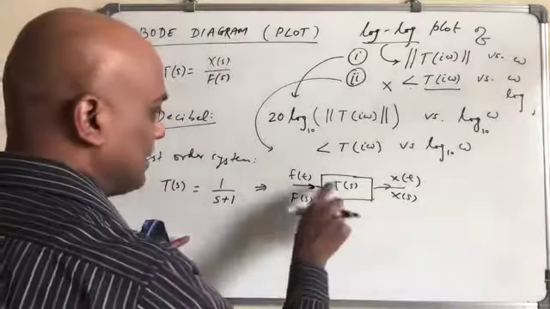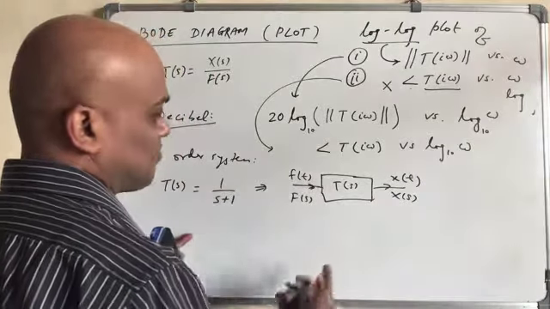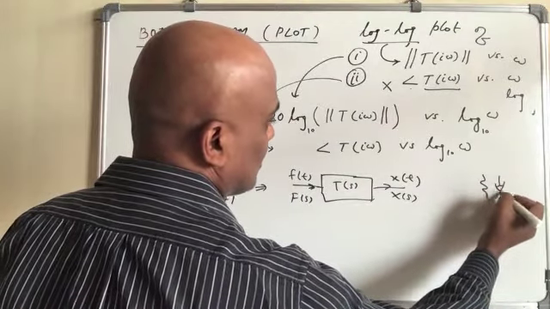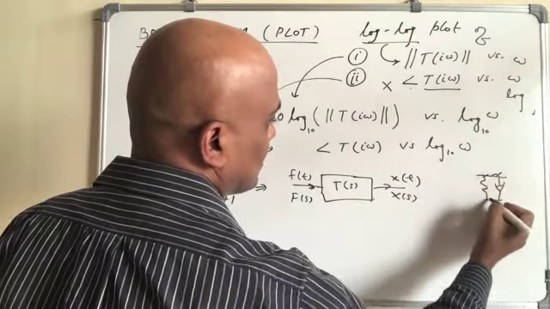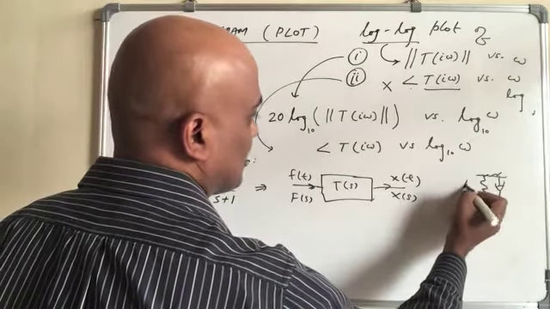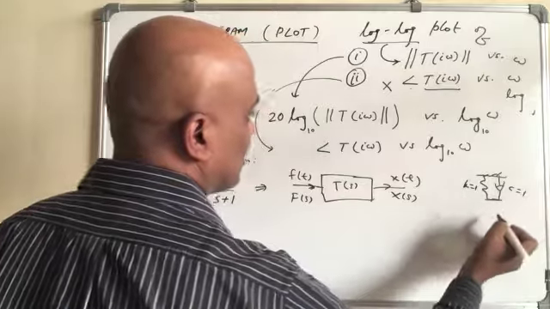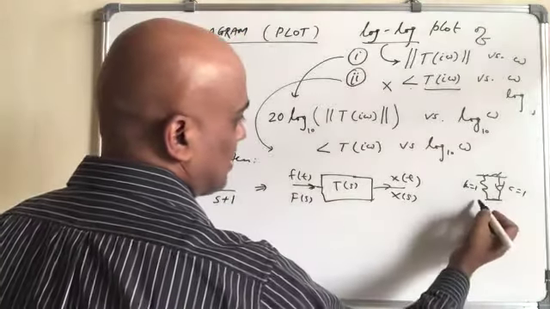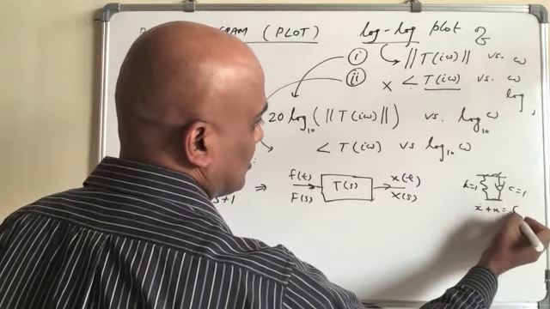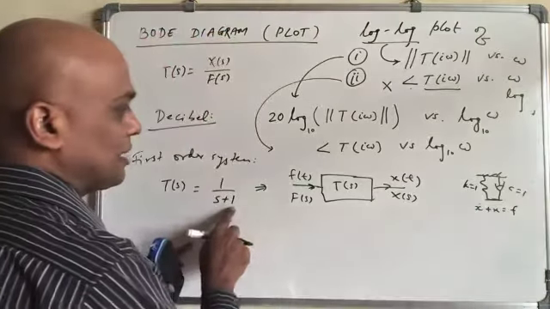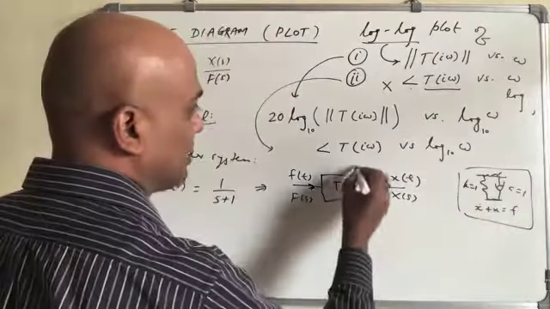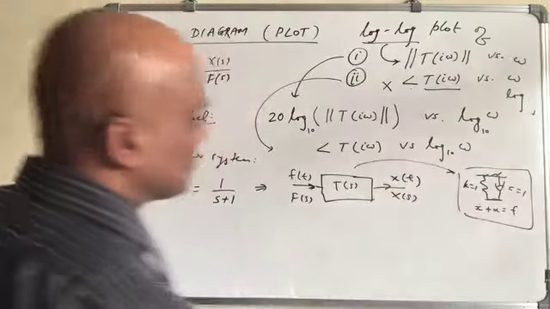This system could be something like a spring and damper, that's it, nothing else, with k equal to 1 and c equal to 1. Then you have simply x dot plus x equal to f, and hence you get this transfer function. So this is what this system is.